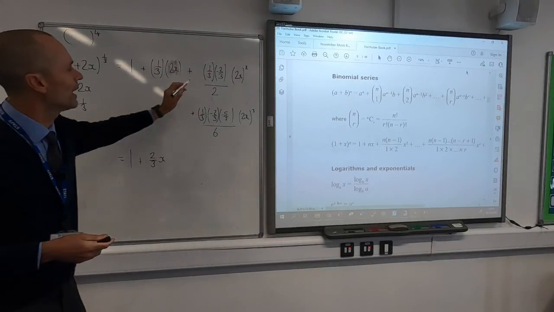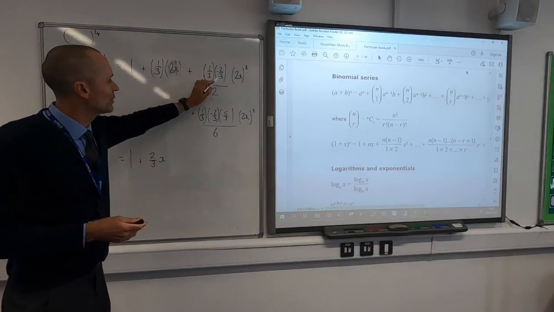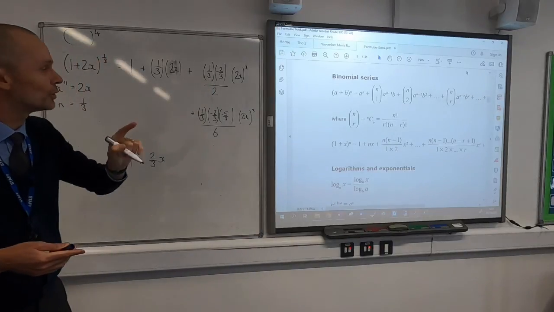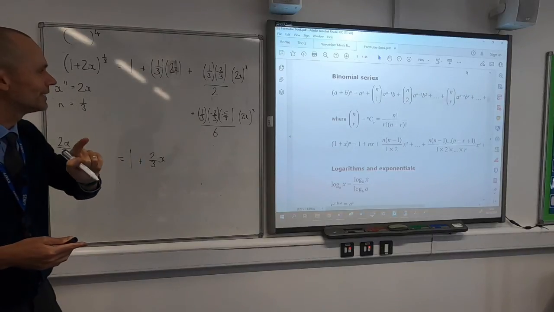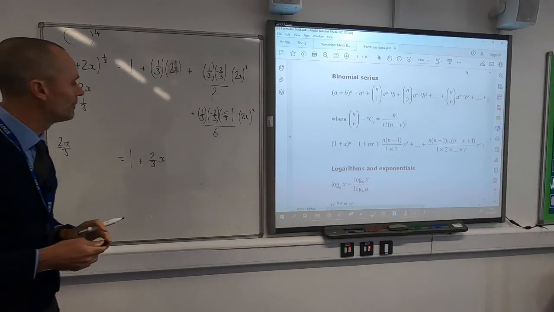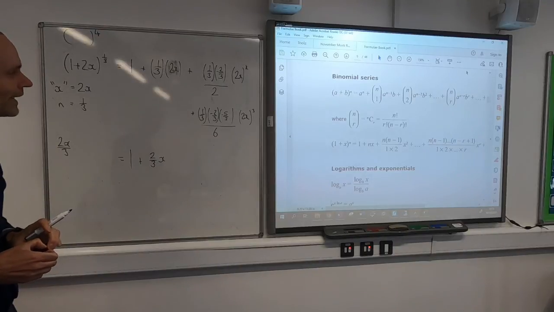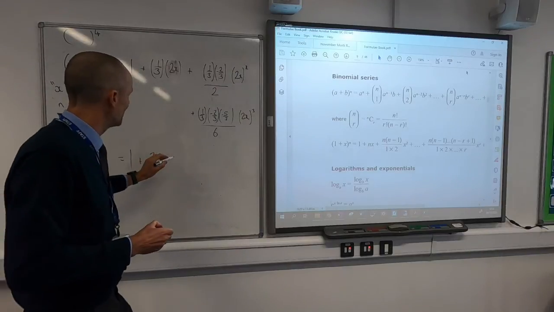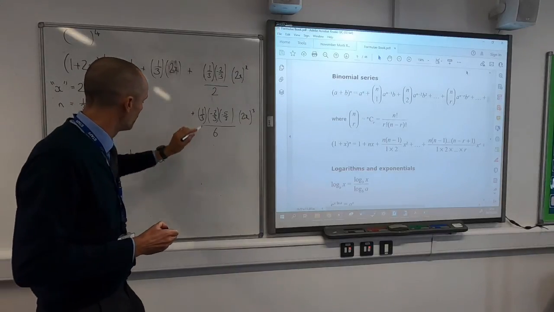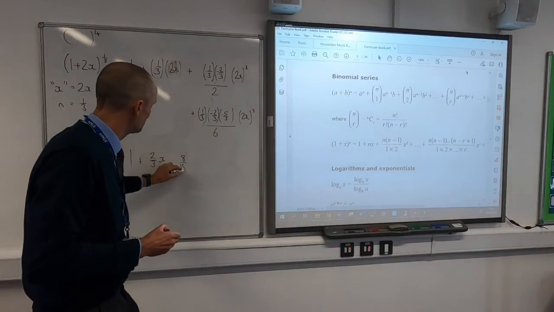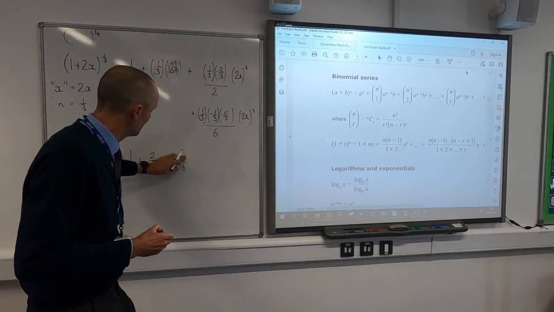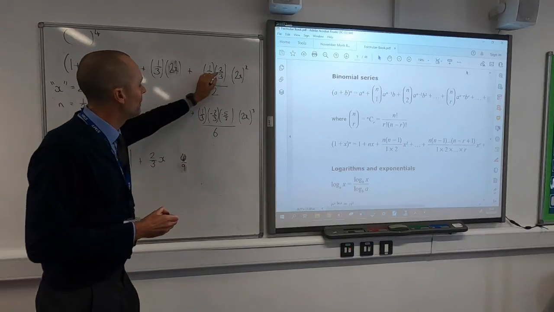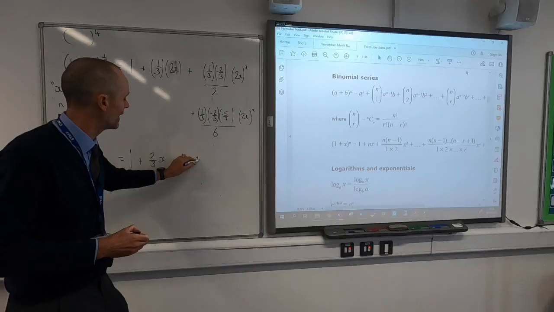Here I've got minus 2 over 9 divided by 2, which is minus 2 over 18, and that's multiplied by 4x squared, 2x times 2x. So I've got 2 over 18 times 4, which is 8 over 18, but I can simplify that to 4 over 9. And that's a minus, so that's minus 4 over 9 x squared.